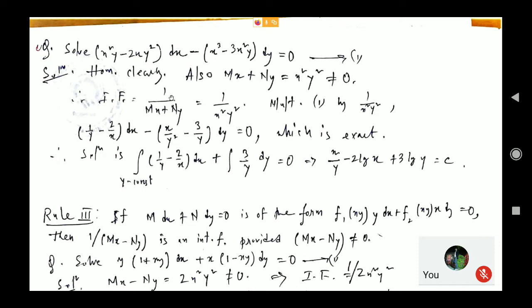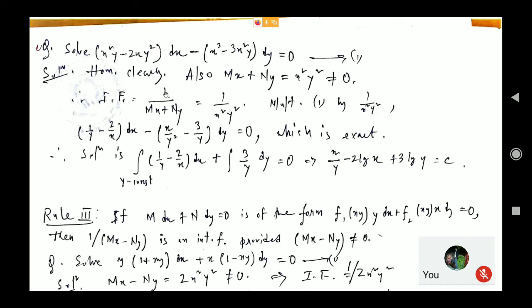So it is homogeneous clearly, and also Mx plus Ny is equal to x square y square, which cannot be 0, because if this is 0, then either x or y must be 0. But the dependent or independent variable cannot be entirely 0. Then the differential equation does not make sense. So therefore, this is non-zero.